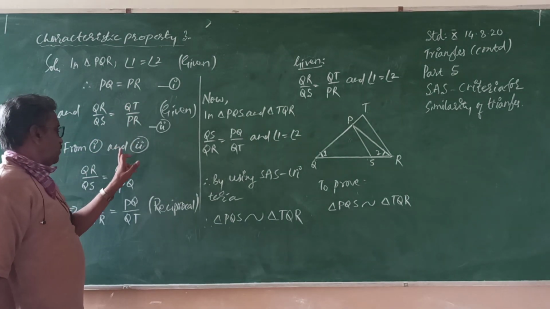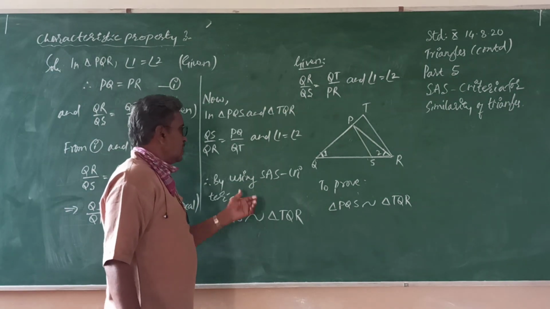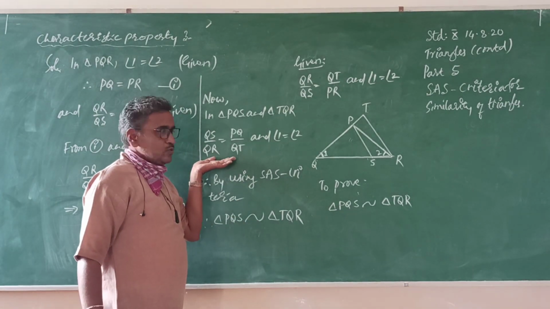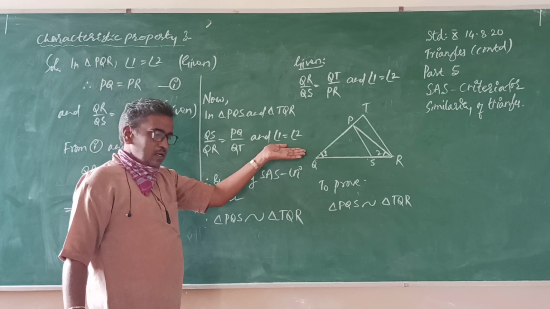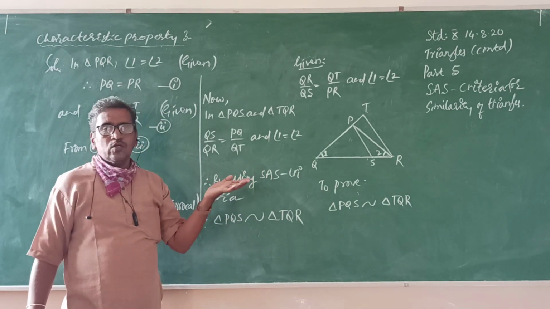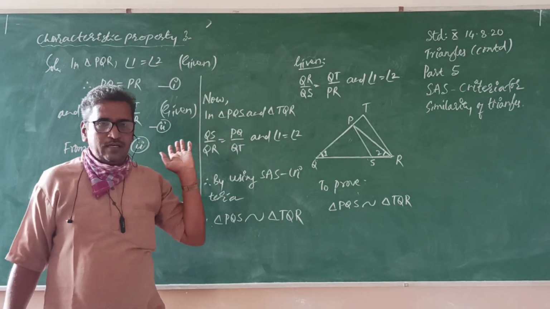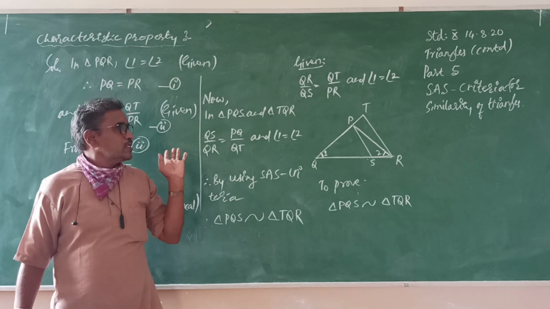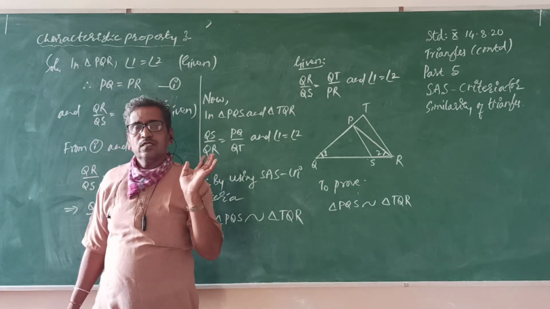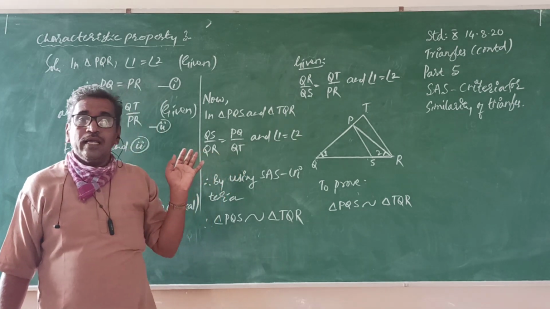Then by the SAS rule, two sides are in proportion and the included angle is equal, so the triangles are similar. In this way we use the criteria for similarity of triangles. We will see some more examples related to these SAS, SSS criteria.